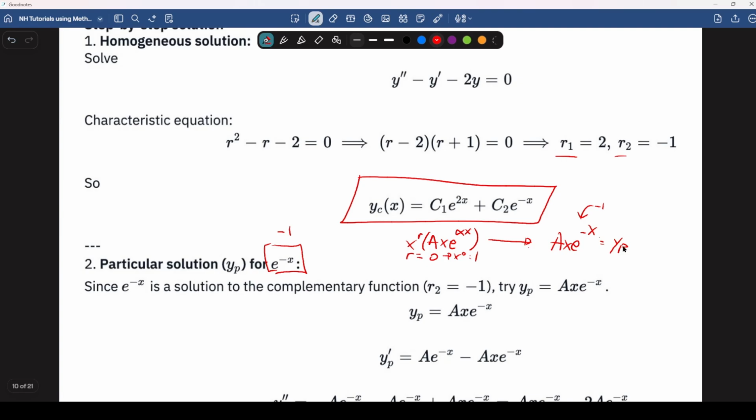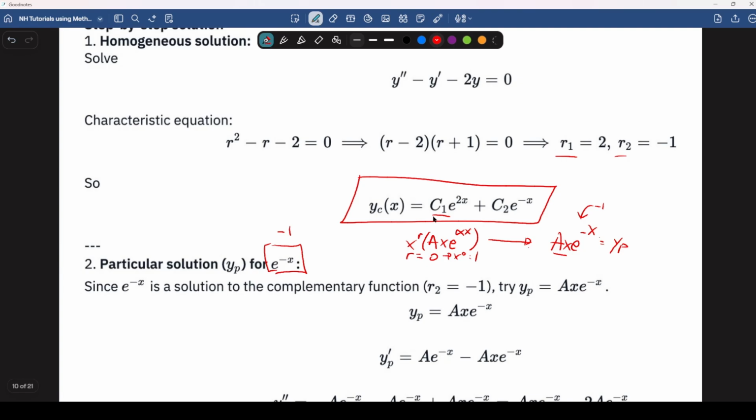In yc there is a constant times e to the power of 2x, so the power is already different. It is 2x in the yc, and we have negative 1x in our yp. And in our yp we have a constant times x times e to the power of negative x, so it is already valid.